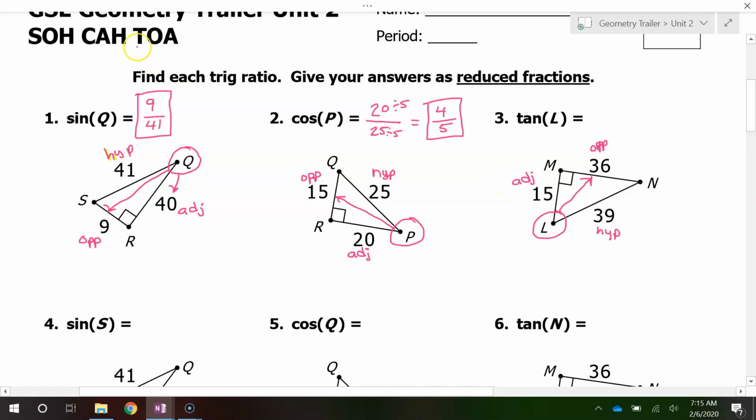All right, tangent is opposite over adjacent. So that's going to be 36 over 15. Both of these are divisible by 3. So that's going to make 12 over 5.